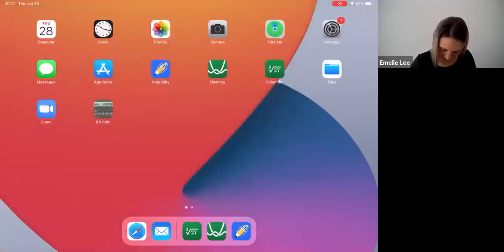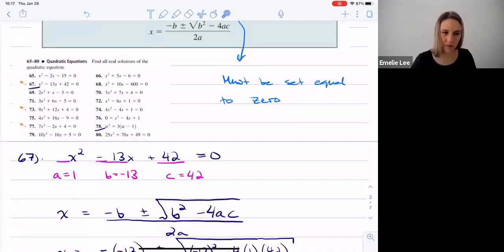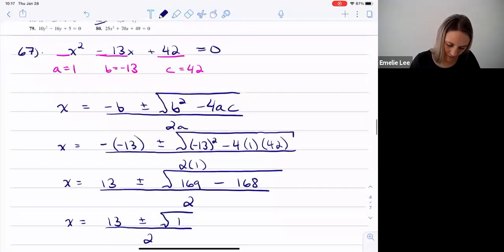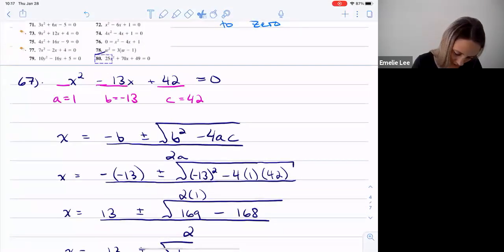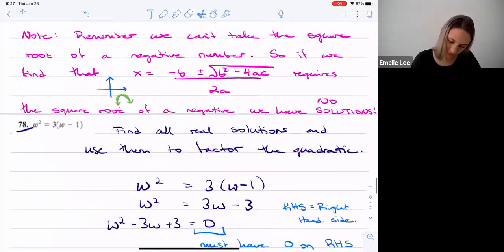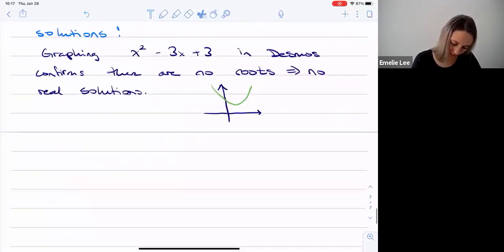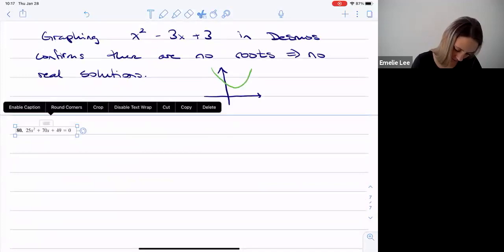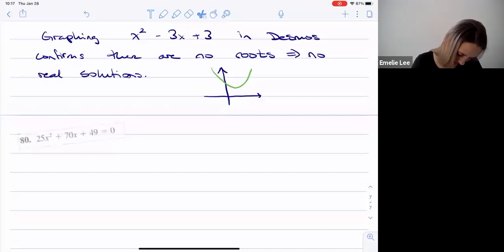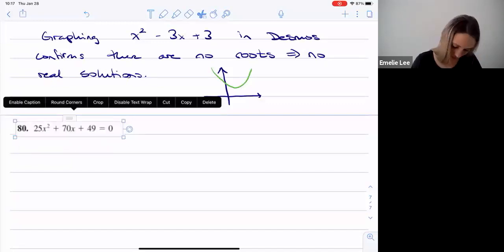It's not exactly what I wanted to show, but that's okay. So, I'll grab 80 here.